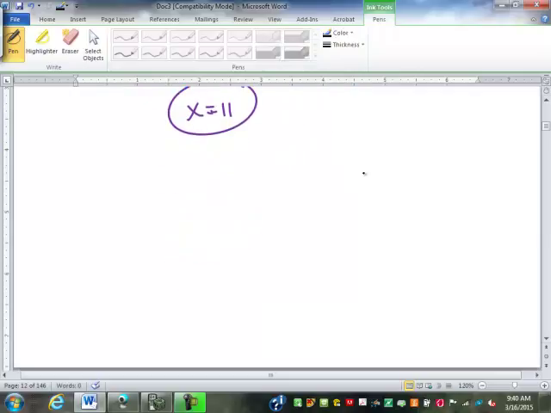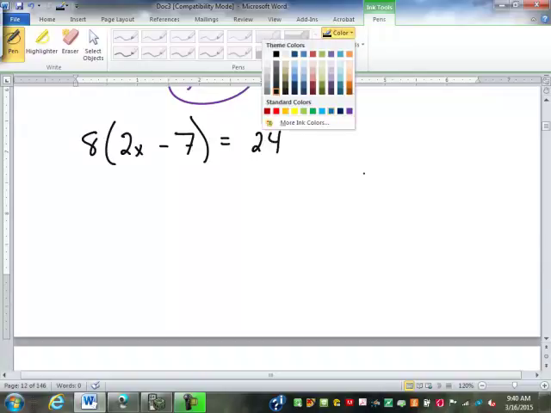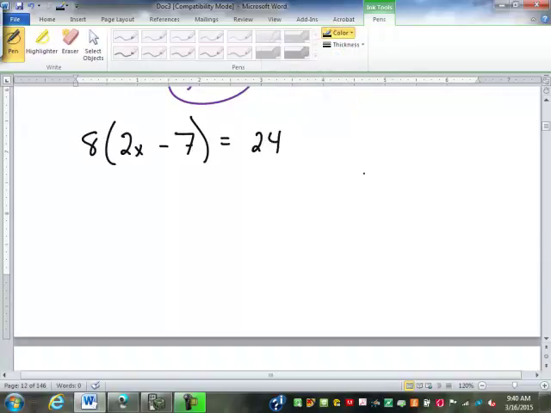How does this change if we have something like this? What do we have to do there? Well, of course, whenever we see parentheses, it should scream at us, do this part first, right? So we look at the parentheses.